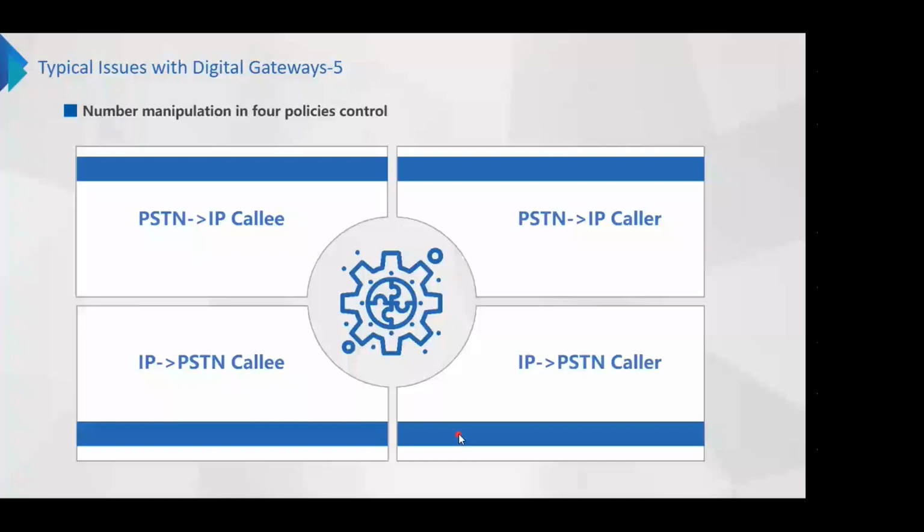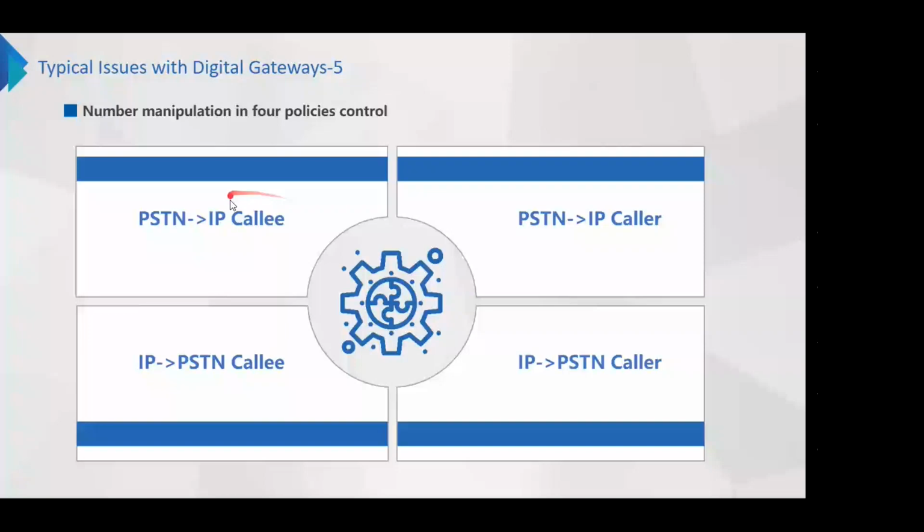Number manipulation means you can manipulate or change the number, and then you forward the call. So we support four directions. The first one is PSTN to IP, PSTN to IP for callee. And PSTN to IP for caller means you can configure or manipulate the caller ID, caller number, or calling number. It depends on your requirement.